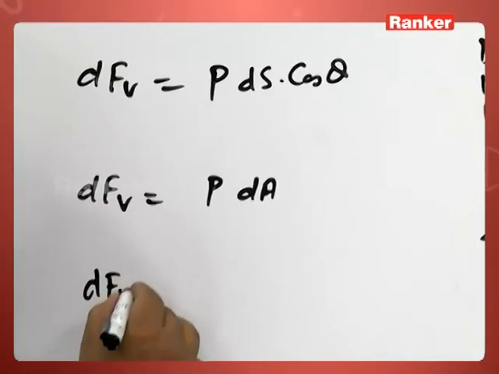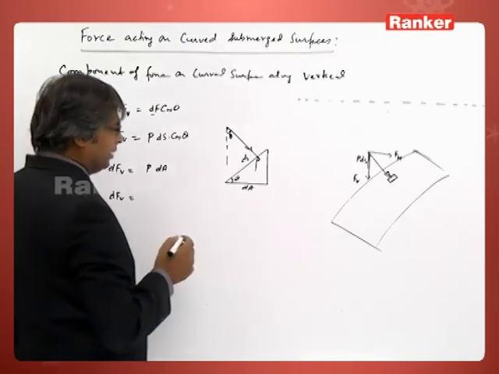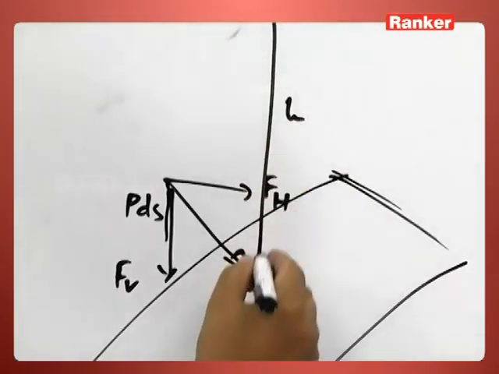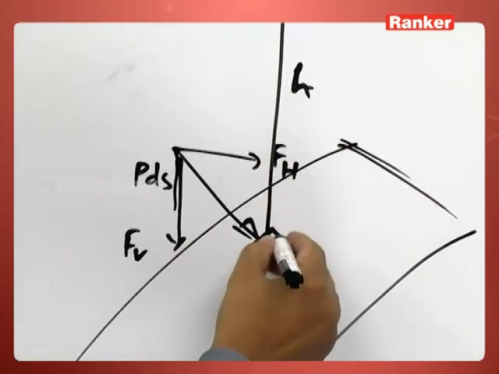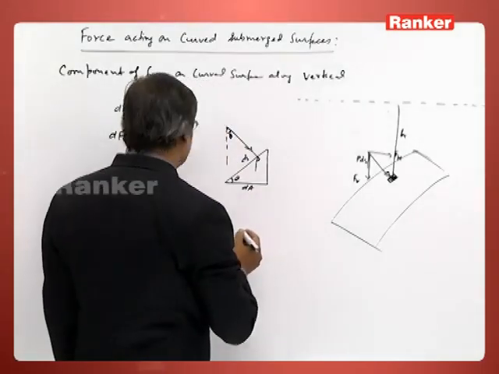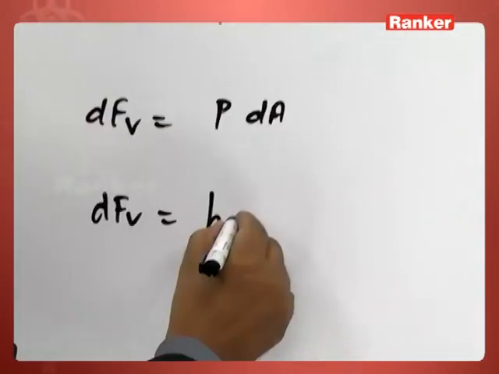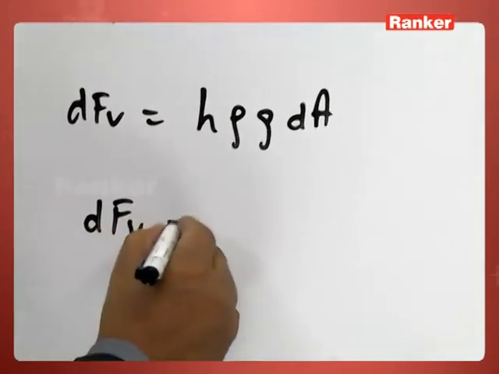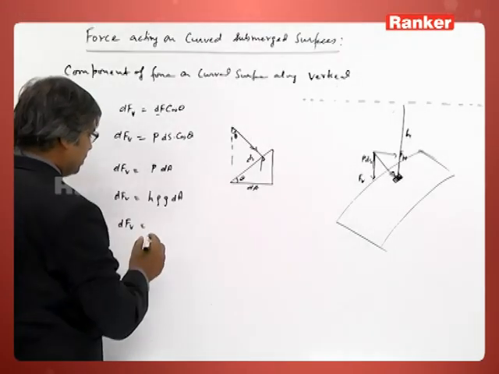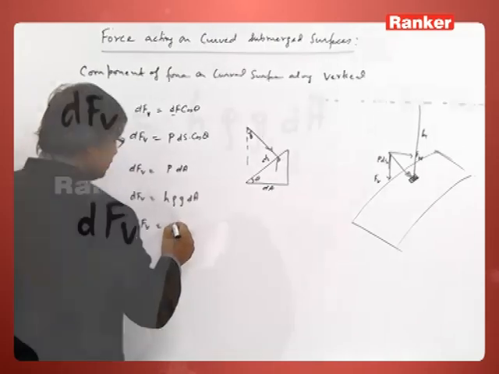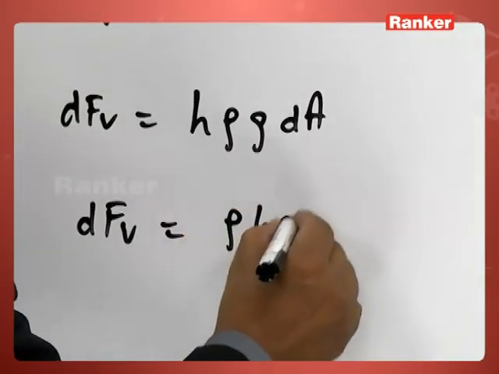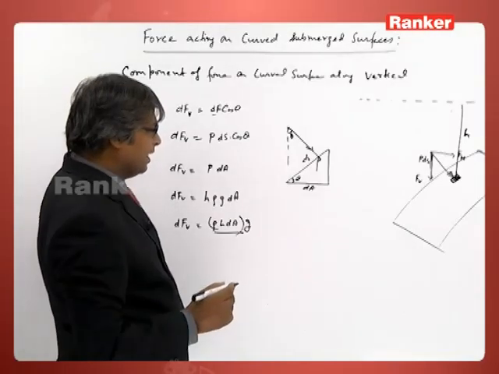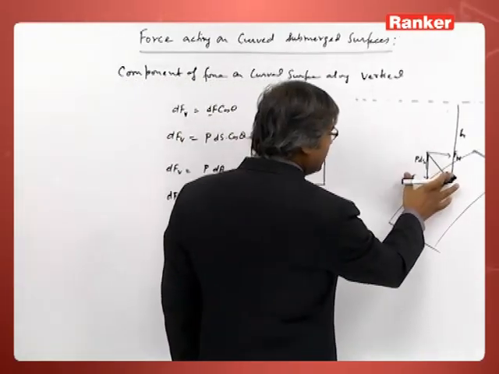Now suppose I write P as h rho g. h is the height of this portion. This portion has a height h from the free surface. So we have h rho g dA. So dFV will be h rho dA times g. Now you see this is the area. Let us remove this.